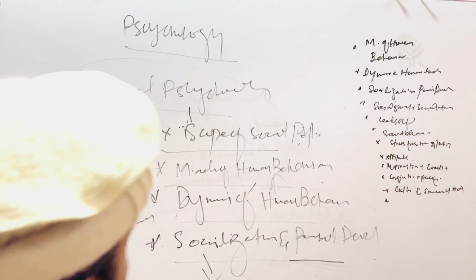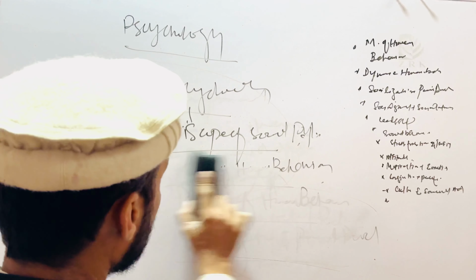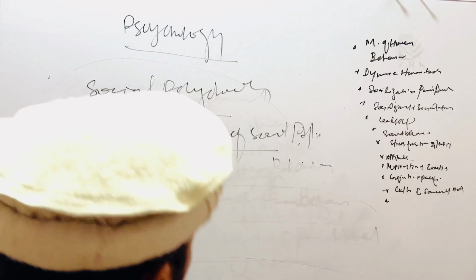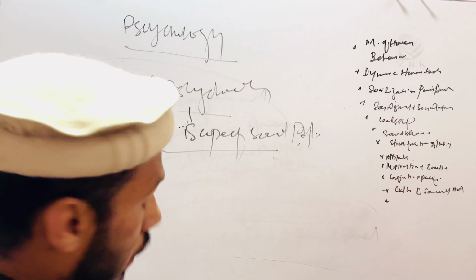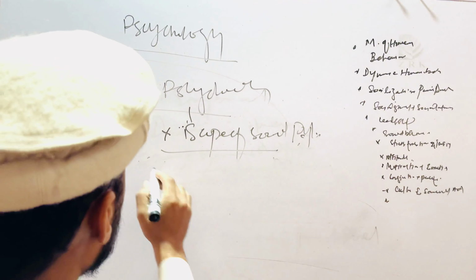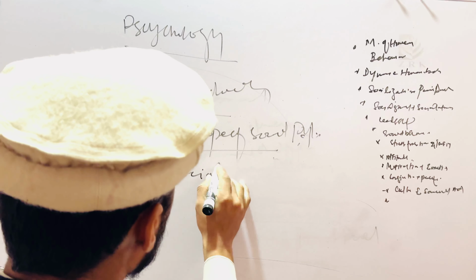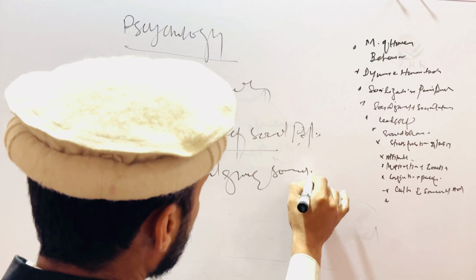So this is another scope of the social psychology, and other is the social group and social interaction.